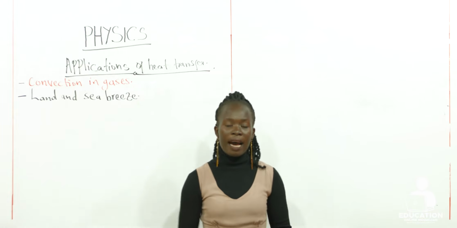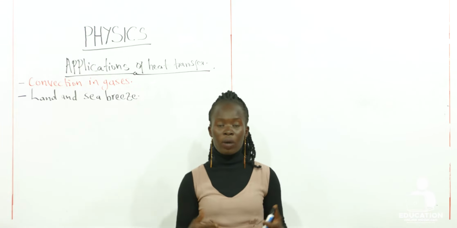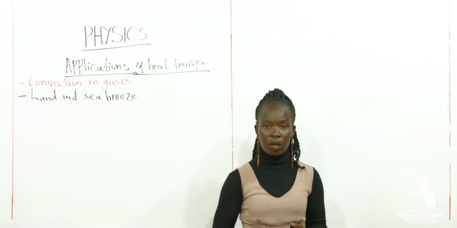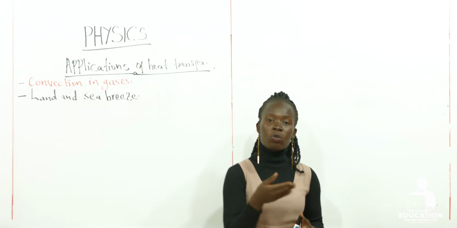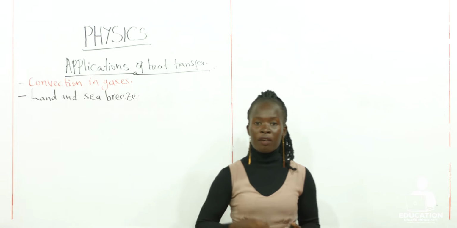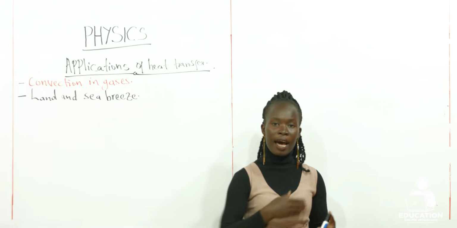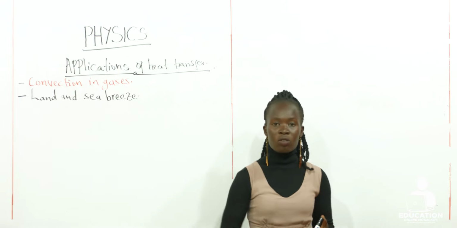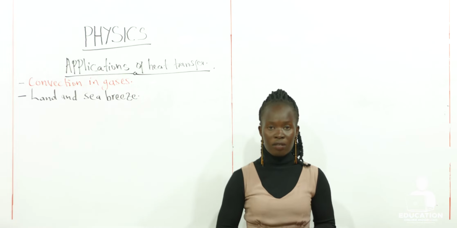With land and sea breeze, we mean any wind that is blowing from a large water body towards the land, or blows onto the land. So that exchange of wind from land to the sea or from sea to land is what we refer to as the breeze.